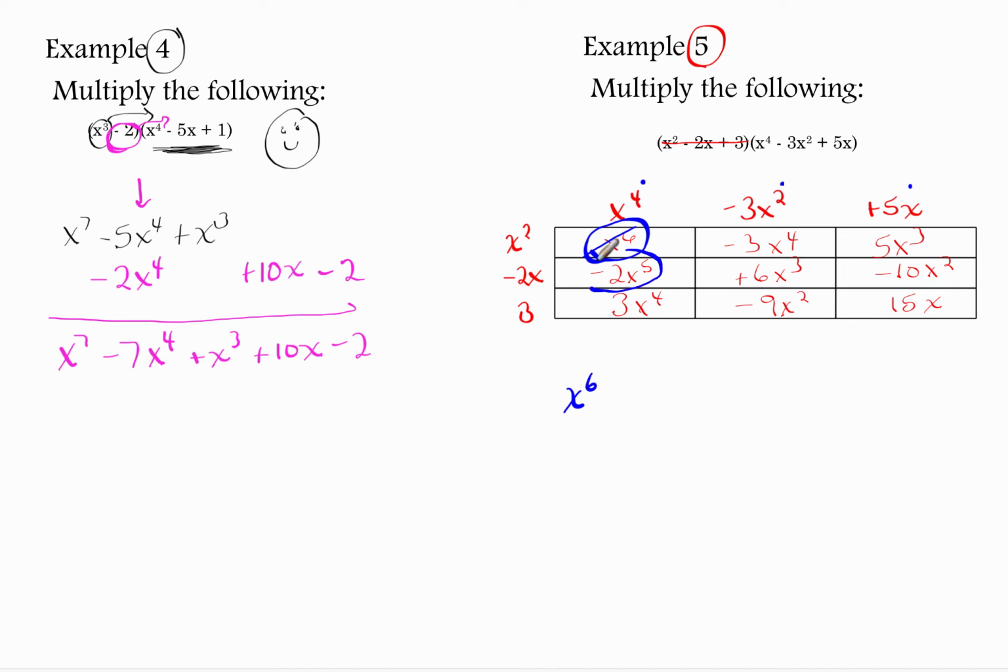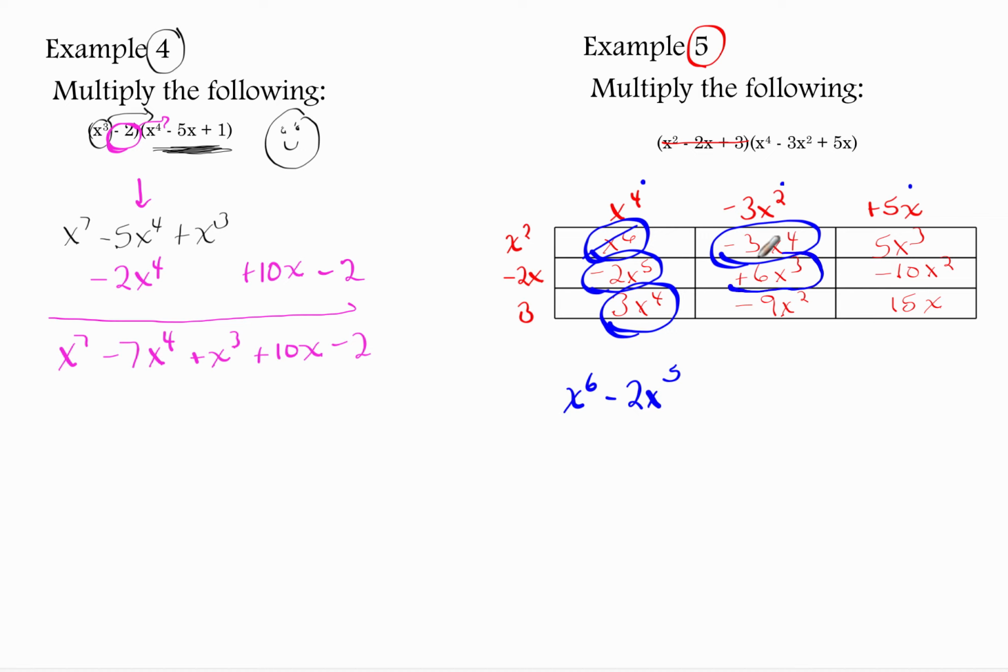X to the fifth, there are no other x to the fifths. X to the fourth, however, there are two, but they're not really in that diagonal as pretty as they were the last time. But joy here, they cancel out.